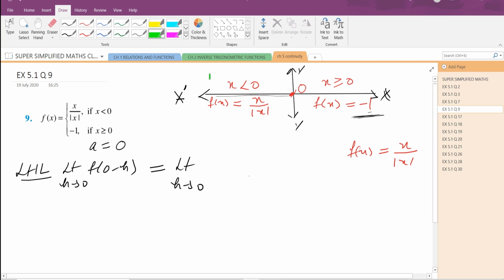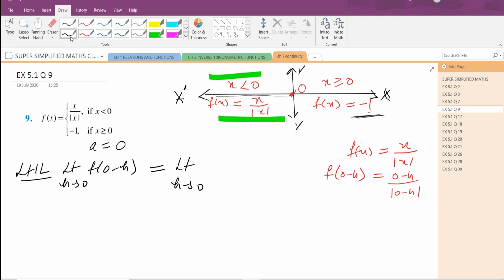So if you have to find the value of f(0 minus h), you replace x by 0 minus h: (0 minus h) upon modulus of (0 minus h).